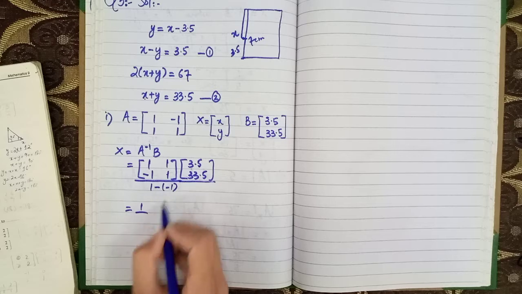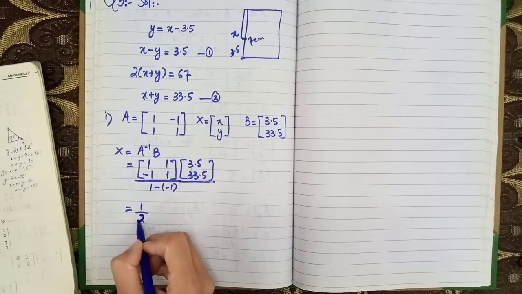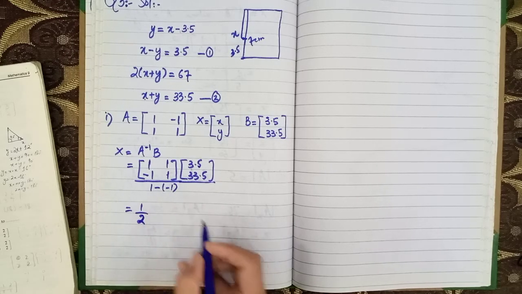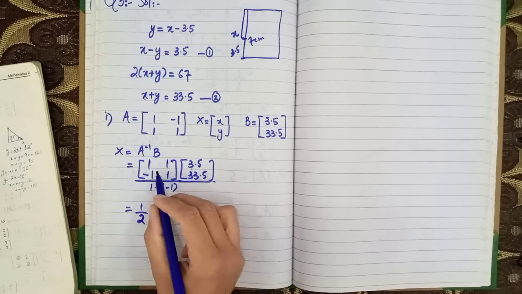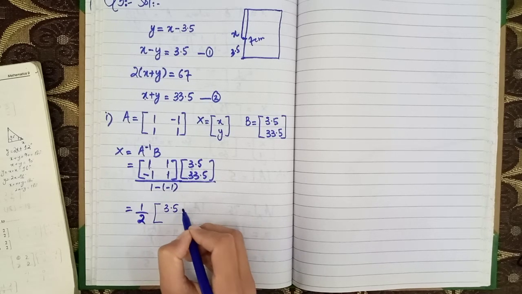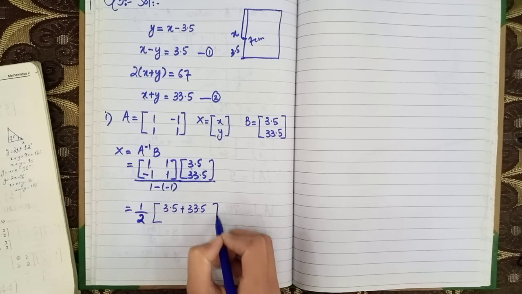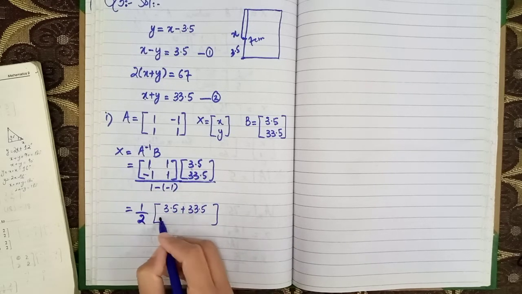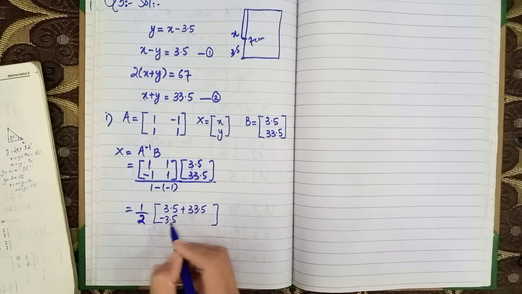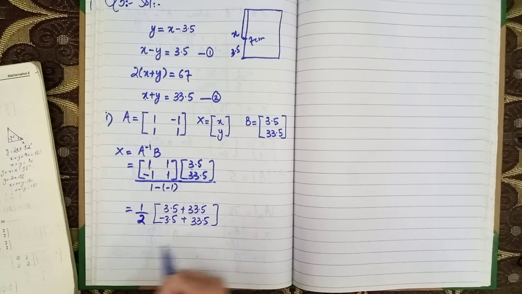It is 2, because minus into minus is positive, so it's 1 by 2, and multiply these both matrices. 1 into 3.5 plus 1 into 33.5, minus 1 into 3.5 and positive 1 into 33.5.